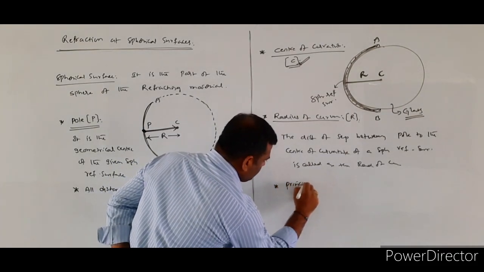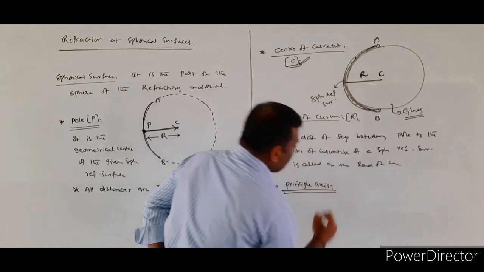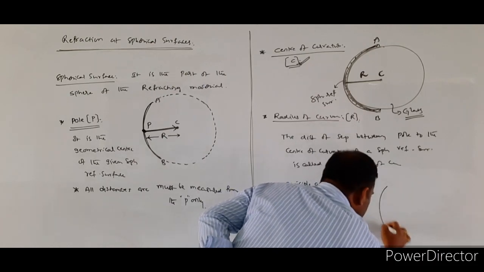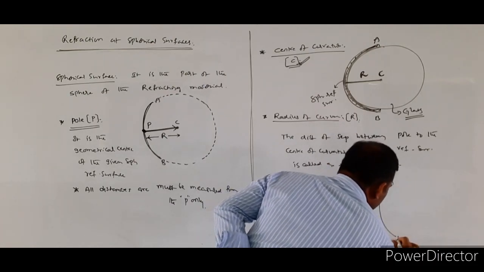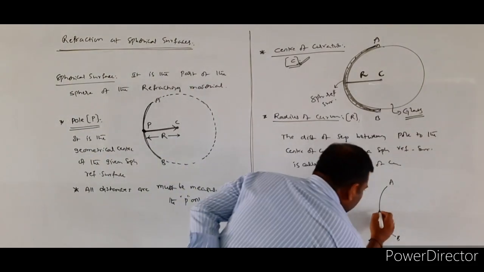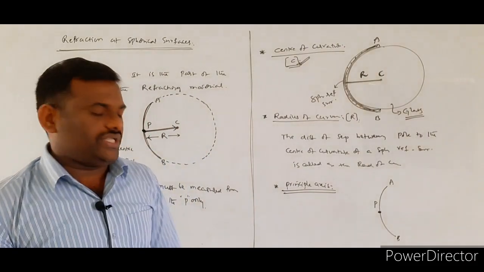Next, the principal axis. How can we define the principal axis? Suppose this is the spherical refracting surface, AB. For the given spherical refracting surface, a pole will exist.